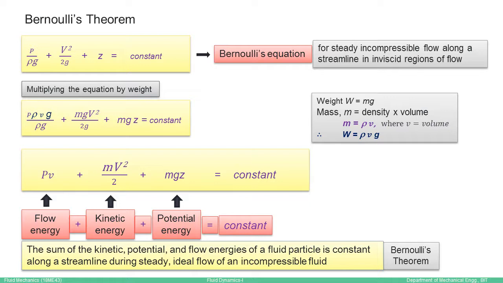And we have different variations of this, when assuming a flow to be viscous, and when there are frictional losses, the Bernoulli's equation can be modified, which will be learned later on in the succeeding sessions.